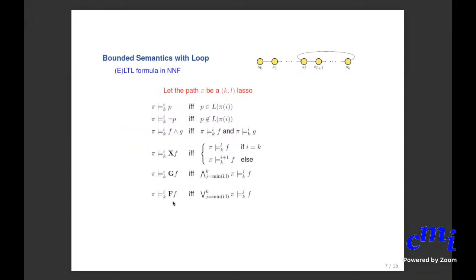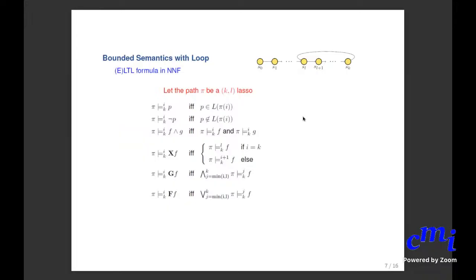Similarly, if the formula is F of F, then you check if F is true in any one of the states that appear between S1 and SK. Because if it is true in any one of these states, you already know that it is true for the infinite path as well, because the infinite path is just a repetition of SL through SK.